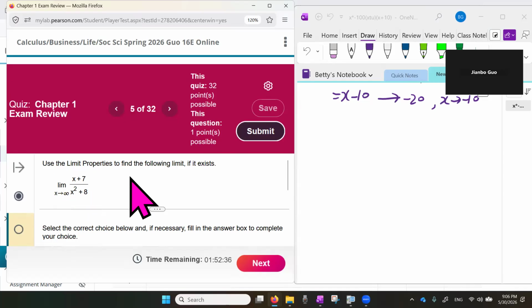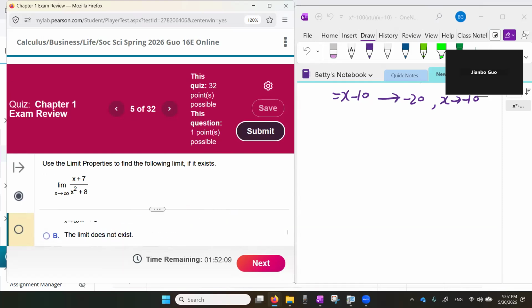So when we have a rational function, meaning both the numerator and the denominator are polynomials, and the degree of the numerator is less than the degree of the denominator, this is the case. The degree of the numerator is strictly less than the degree of the denominator. And we need to find the limit as x approaches infinity. Then the limit is 0. The limit is 0, okay?